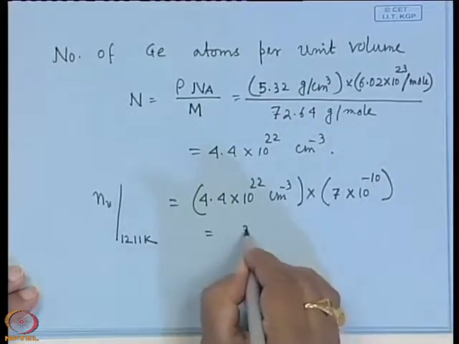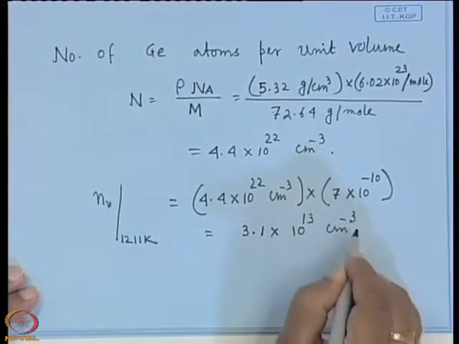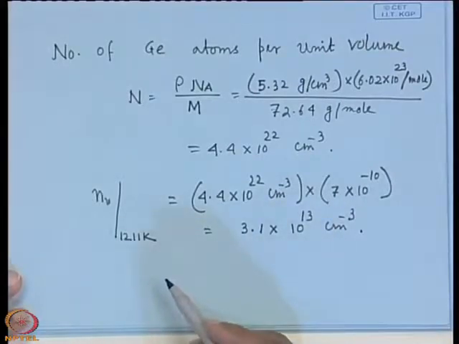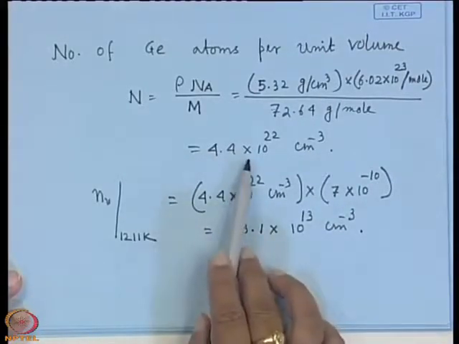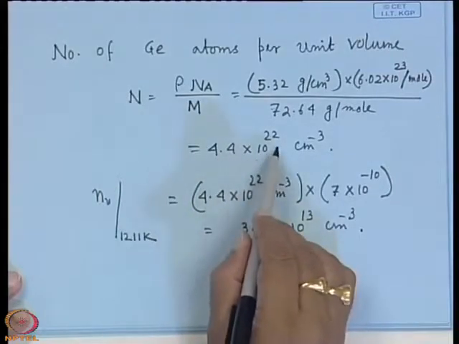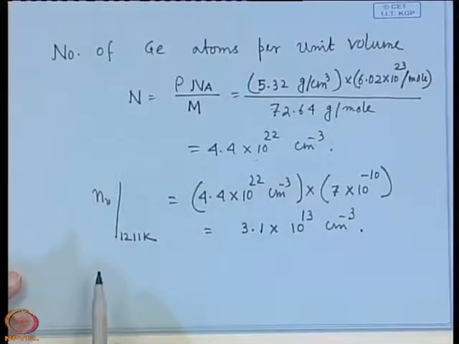Its value is 3.1 into 10 to the power 13 centimeter cube inverse. Now, if you take the ratio between the number of germanium atoms and the number of vacancies, 4.4 into 10 to the power 22 divided by 3.1 into 10 to the power 13, what you find is 1 vacancy in 10 to the power 9 atoms.